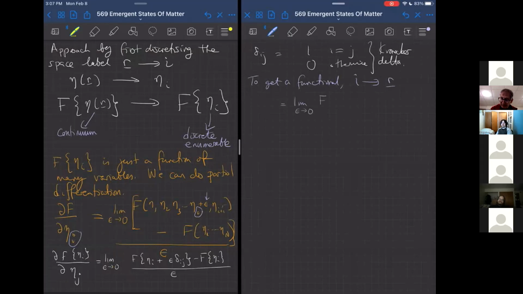Now my f depends on not eta of i, but eta of r. And then what do I have in here? Well, here I have delta ij, that's the discrete delta function. So what do you think is going to happen here? I'm going to get the continuous delta function, which is delta of r minus r prime.